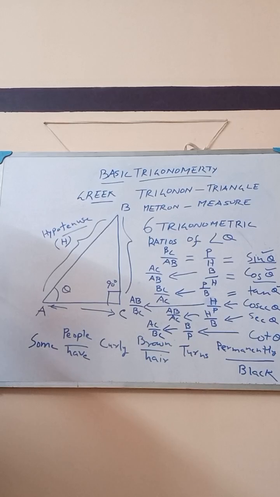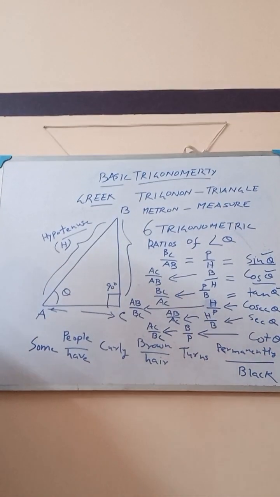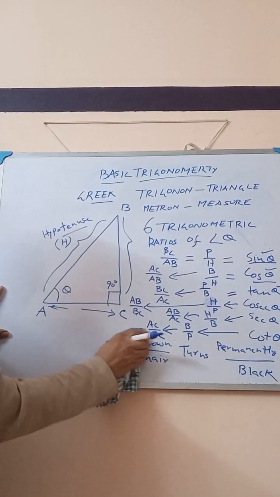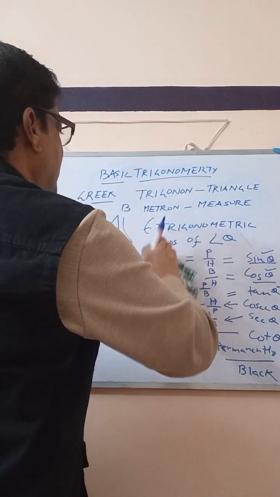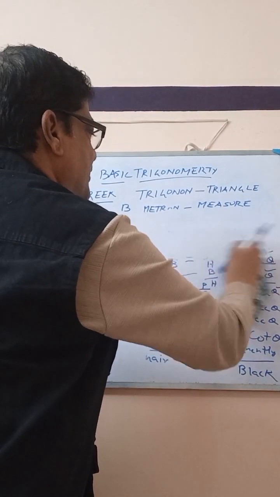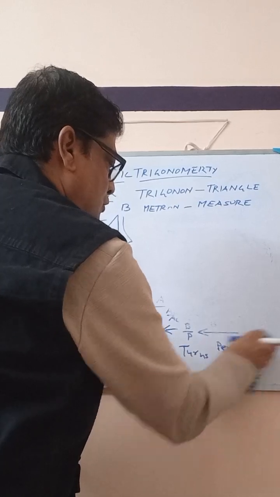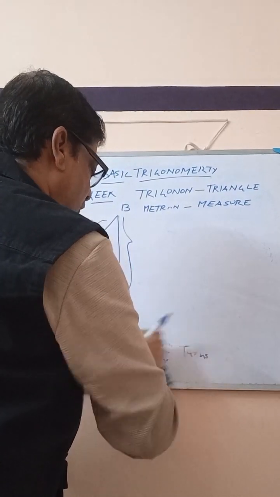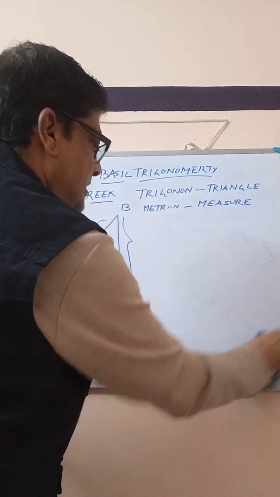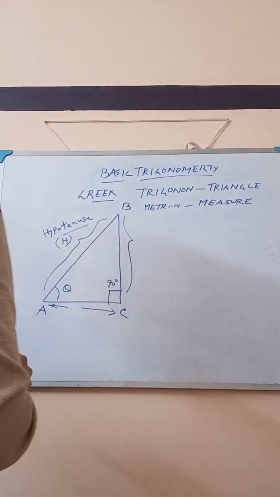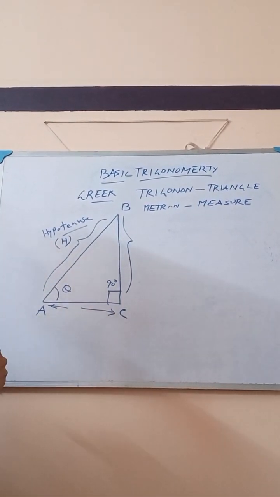Now we will learn some reciprocal relation. So we know about all the 6 trigonometric ratios. Now reciprocal means, now see here, sine theta.